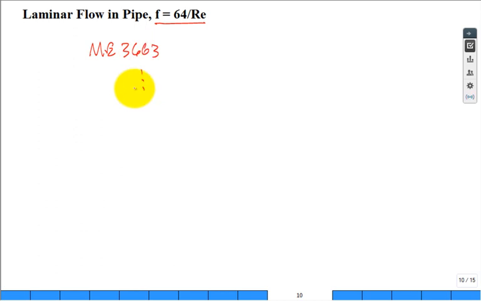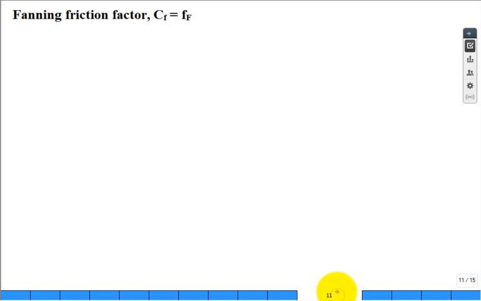In the interest of time, I encourage you to go back and do it. This is all a review of fluids so far. Let's try to get to some heat transfer. But it's worth doing and knowing that result. We already talked about the difference between the Fanning friction factor and the Moody diagram friction factor. A few people call it that, but most of them will call it the Darcy friction factor.